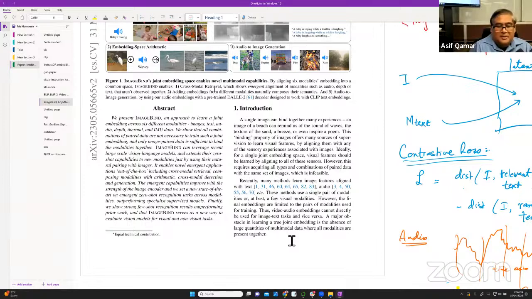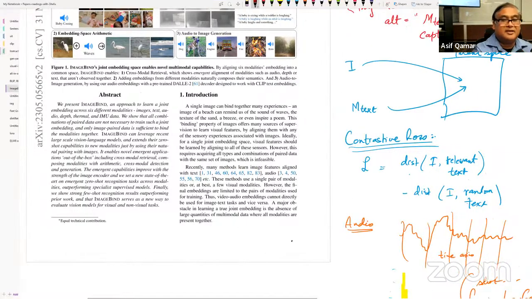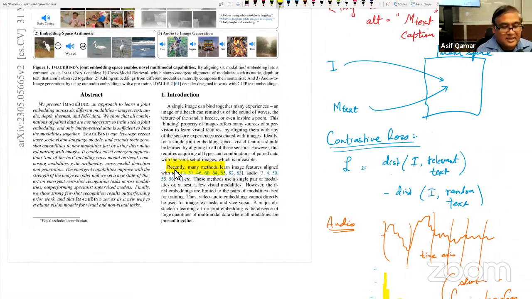No. It is actually critiquing other people's work. Let me read this. Recently, many methods learn image features aligned to something. These methods use a single pairing. However, it is pointing out the limitations of those methods, not its own method that it's going to propose.